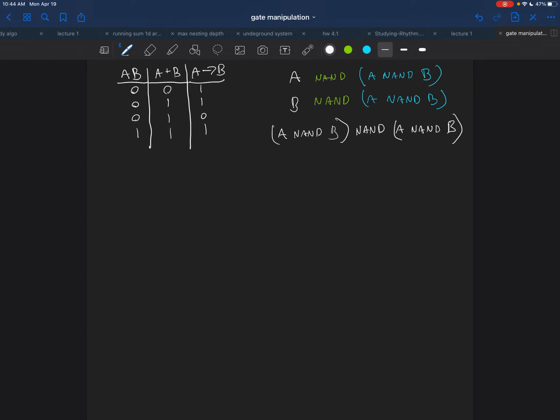It seems like maybe we skipped a step, because this is using 3 NAND gates and these are using 2. Are there any more permutations with 2? And there might be.